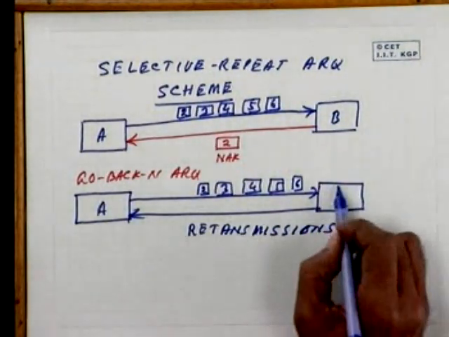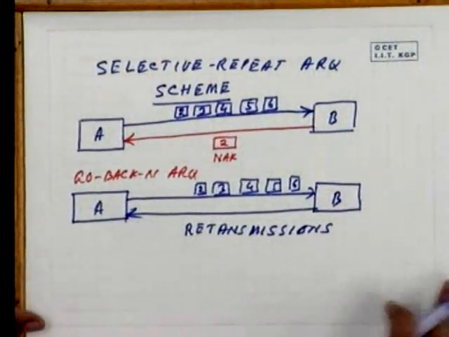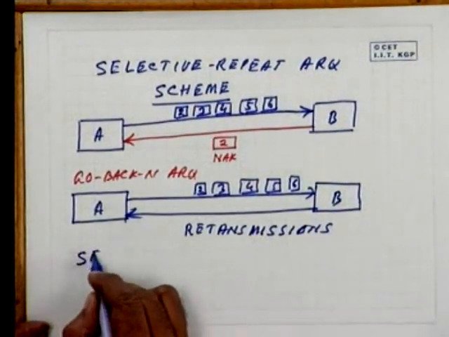Now, what happens in case of selective repeat?